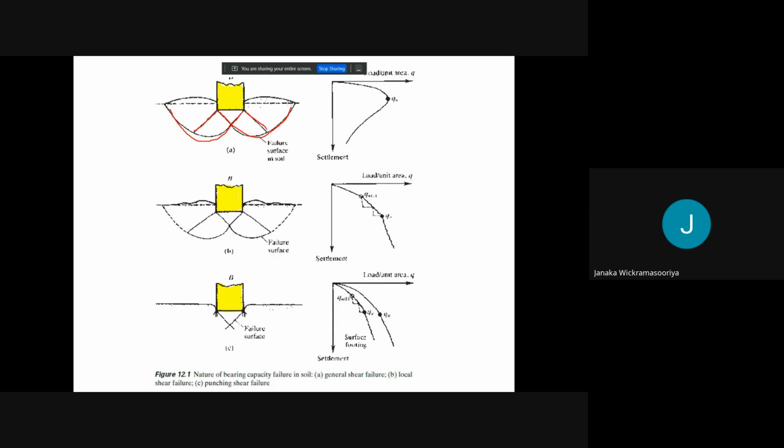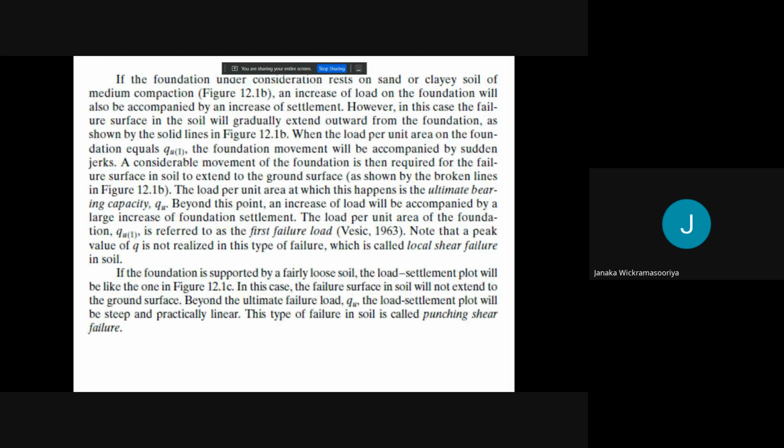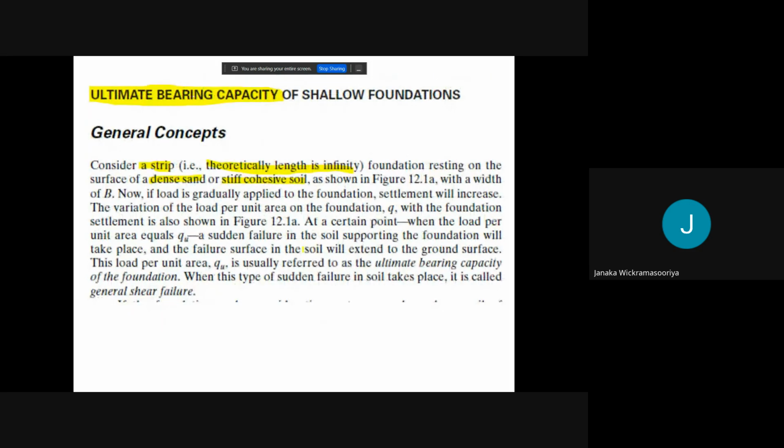These can be the failure surfaces, right? This way or this way. We will see. As shown in figure 12.1a, with a width of B.